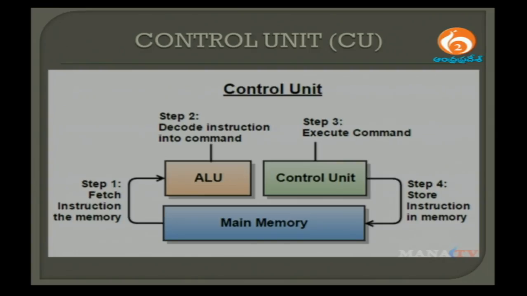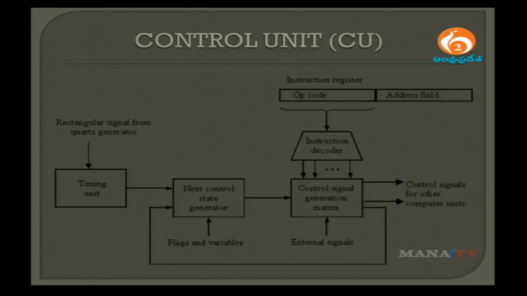In the previous diagram, if you can see in the slide, we have execute command. Before that there is something called decode instructions into command. So I will tell you how this decoding happens in the control unit.